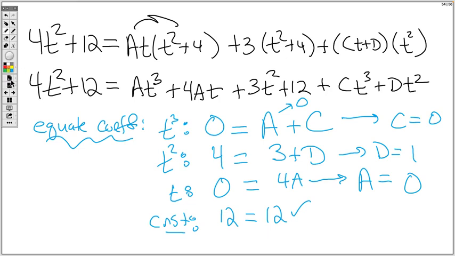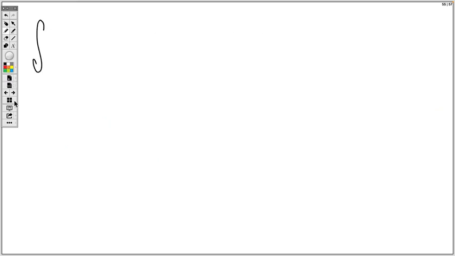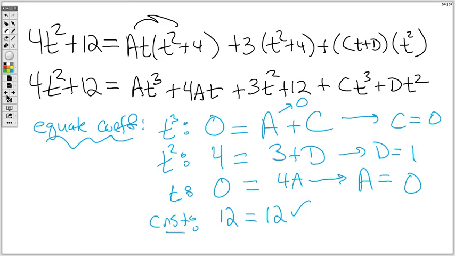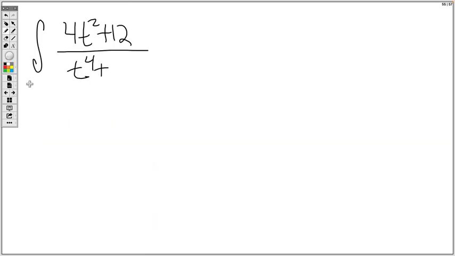So what's this all mean? Instead of trying to integrate 4t squared plus 12 over t to the 4th plus 4t squared dt, we can instead integrate what?